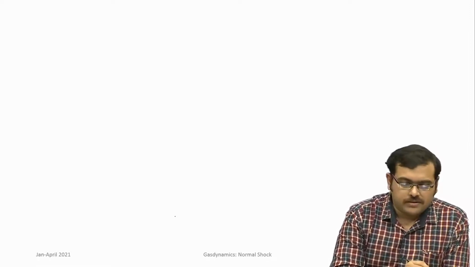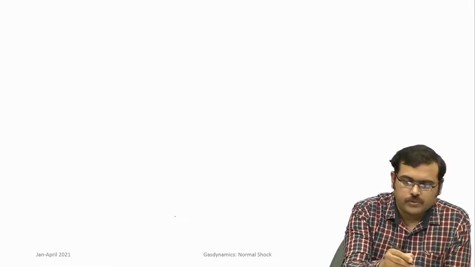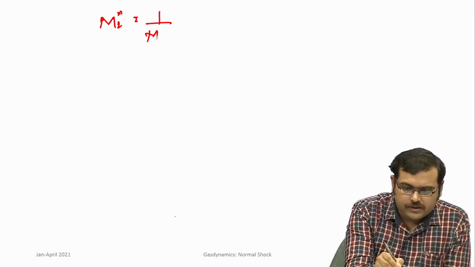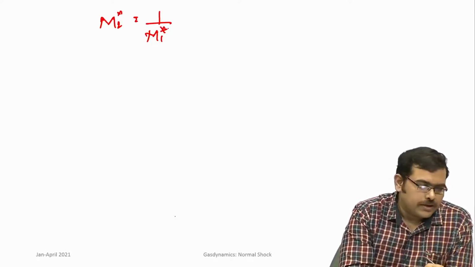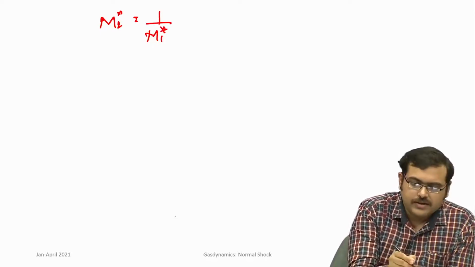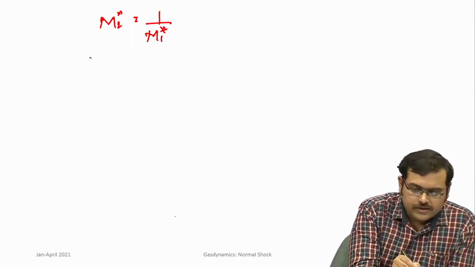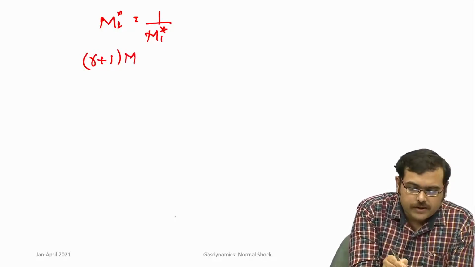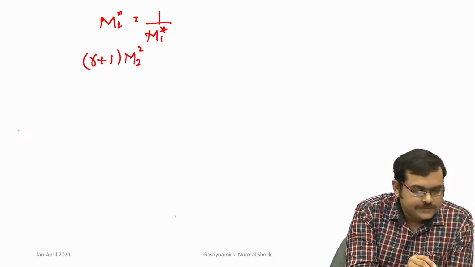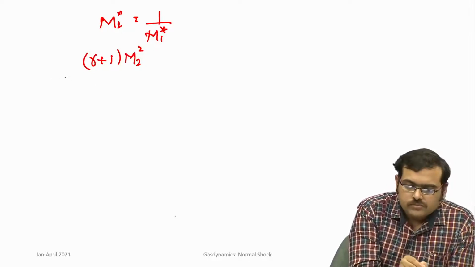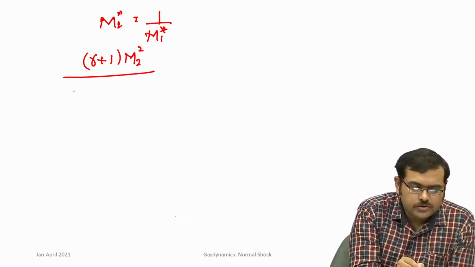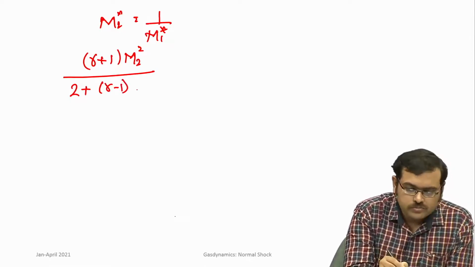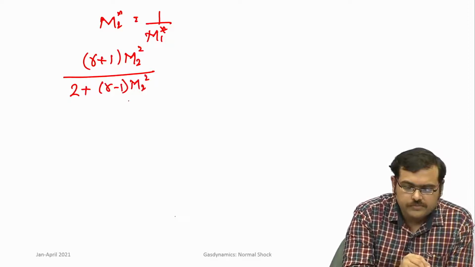We use the definition that M2 star is equal to 1 by M1 star, and so we can directly use the relation for M2 star, that is gamma plus 1 multiplied by M2 square divided by 2 plus gamma minus 1 M2 square.